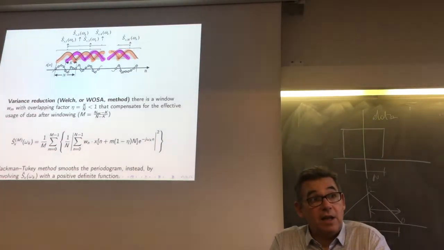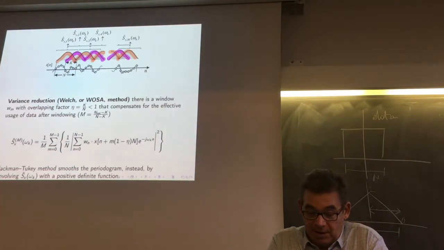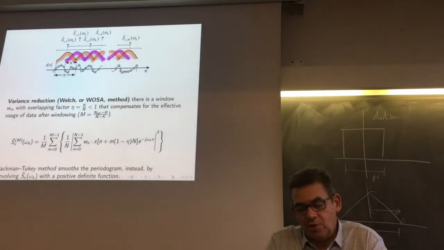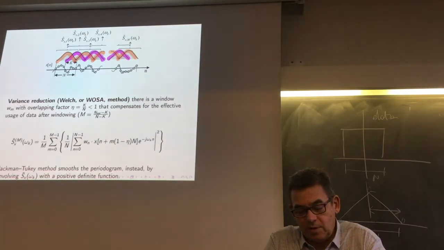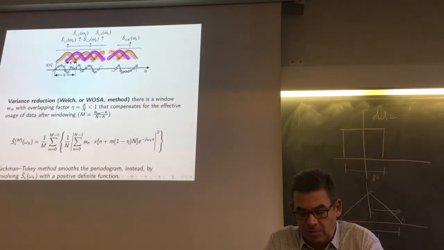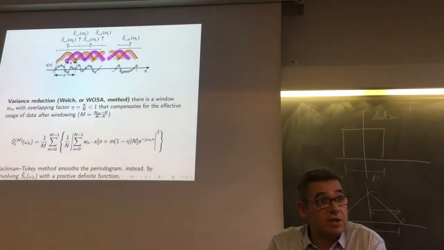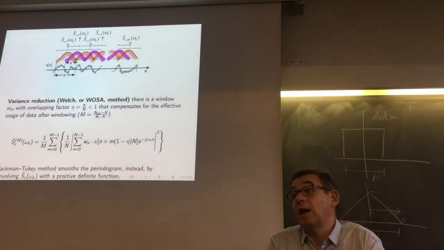The variance here reduces approximately to the total number of windows. So if I make M windows, it reduces approximately by a factor of M. In the book there are some coefficients that I calculate to see exactly how much the variance reduces.